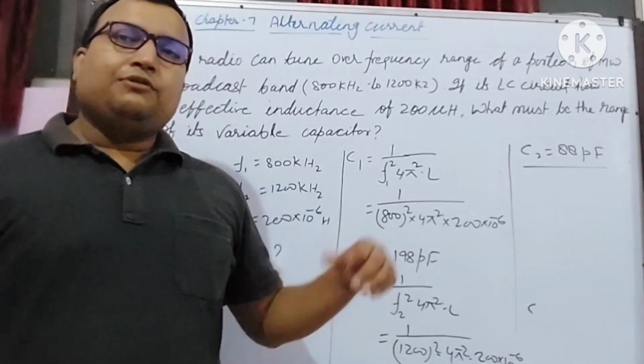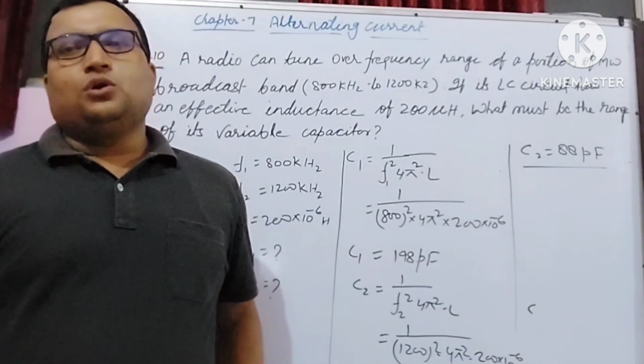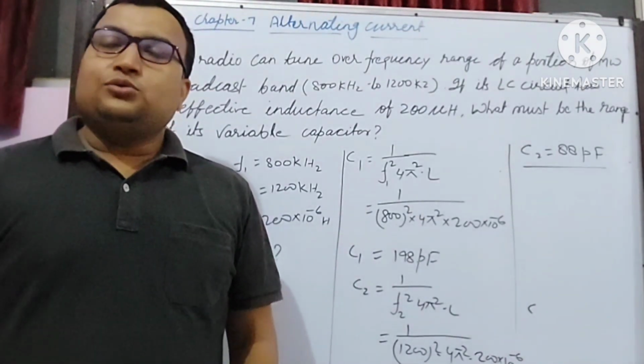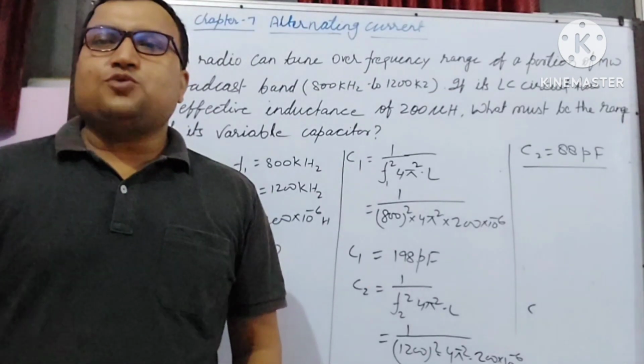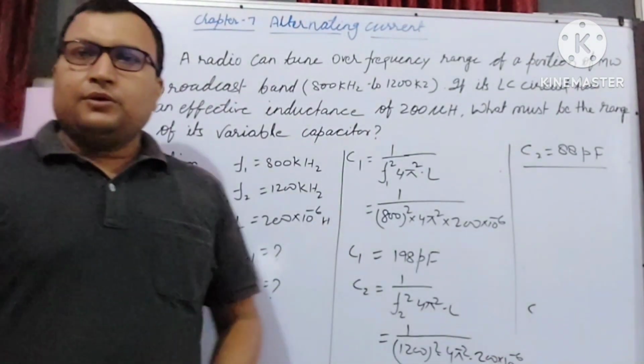For that we use the resonance frequency formula, Fr equals 1 by 2 pi root under LC. If you use this formula, automatically you will get the result. Okay, thank you.